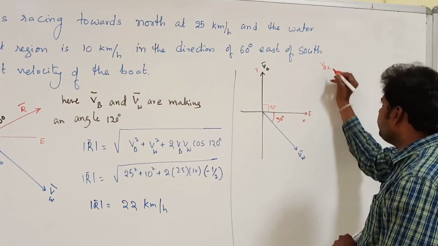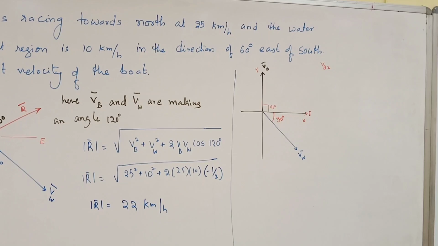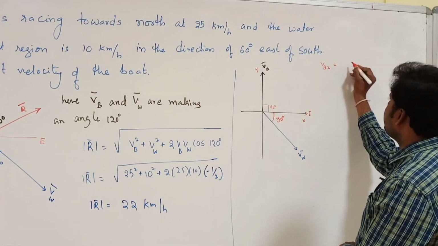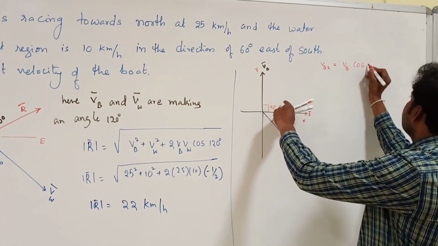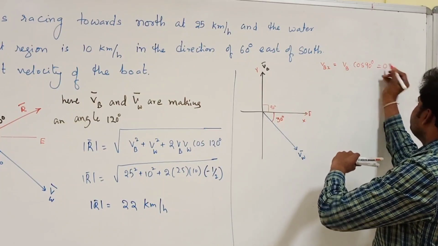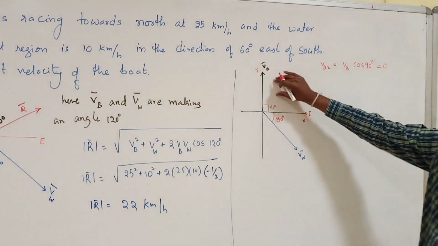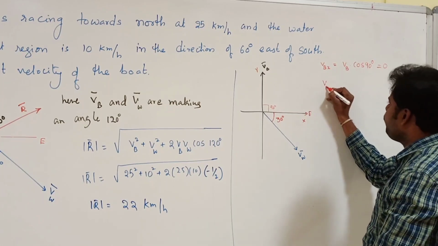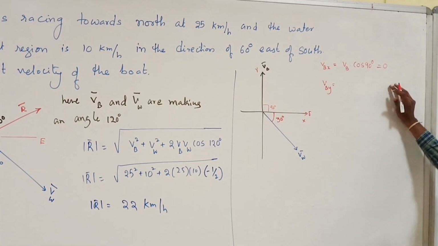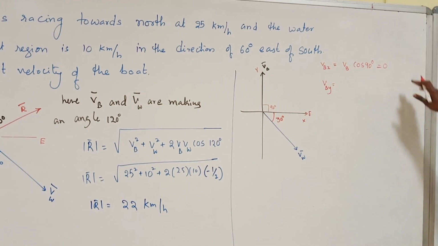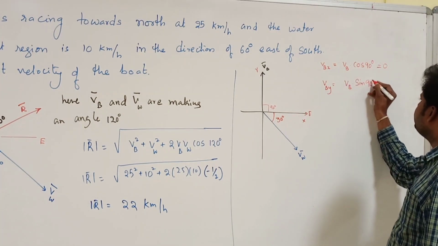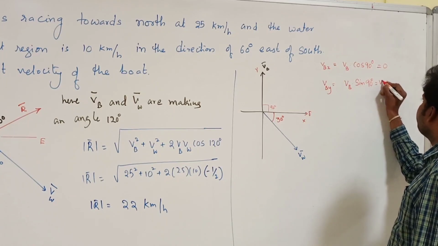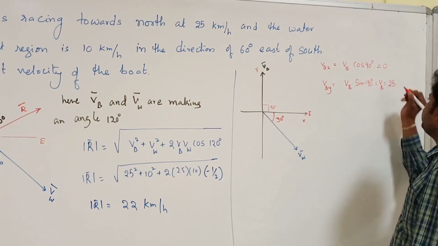VBX, the component along the x axis, is VB cos 90 degrees, which is obviously 0 because there is no contribution along the x axis. VBY is equal to VB into sin 90, which is simply VB, equal to 25.